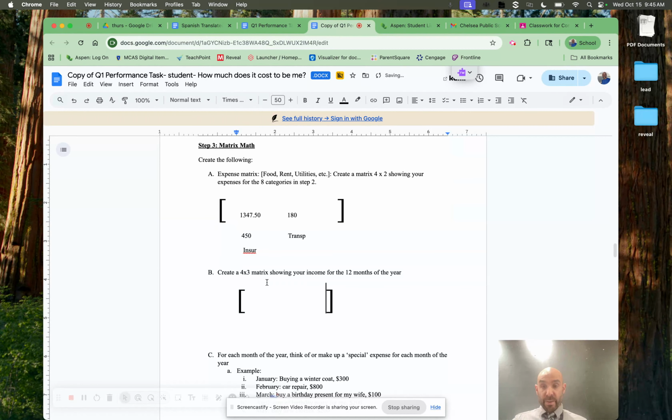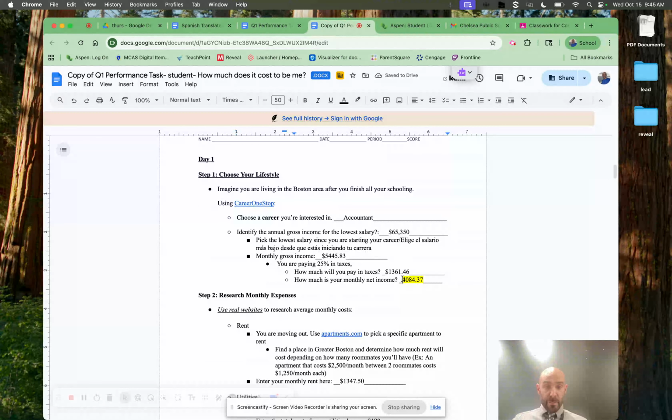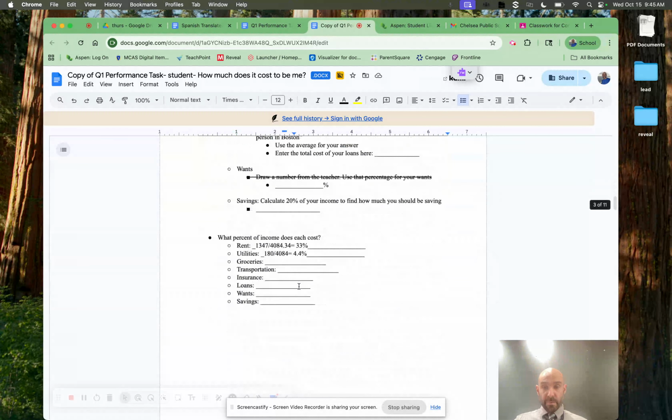I'm going to have a 4x3 showing my income. This is going to be easy because my income is the same every month. So my income, I'm going to take this number.